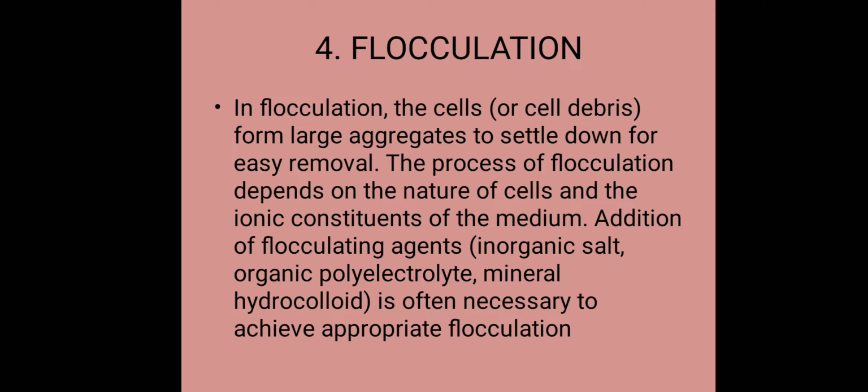These flocculating agents are inorganic salts, organic polyelectrolytes, or some mineral hydrocolloidal substances. When you add these substances, the cells aggregate together. Once they aggregate, their size increases and the cells become heavier, therefore they settle down.